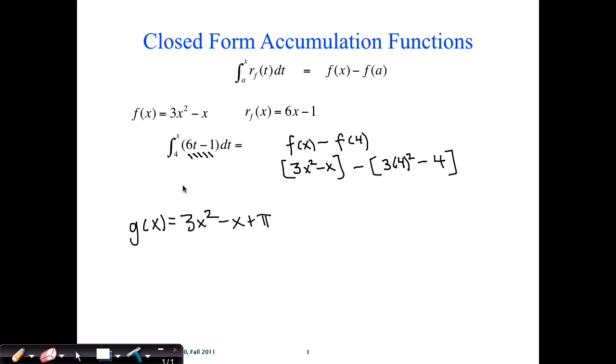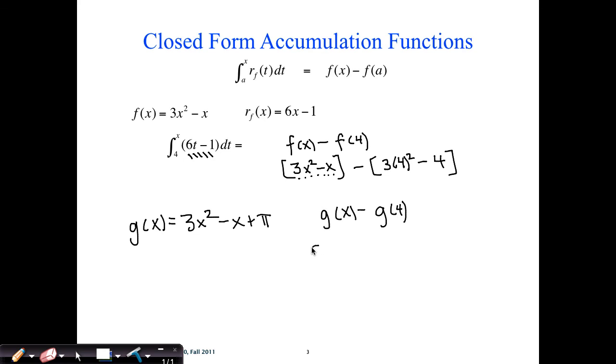So in terms of, well, why do I not care that I just picked this one? All you have to do is find something that accumulates at the given rate, because the part that isn't changing isn't changing. If I were to write the same expression with g of x minus g of 4, because g of x has this also as its rate of change, I could call this r sub g of x.